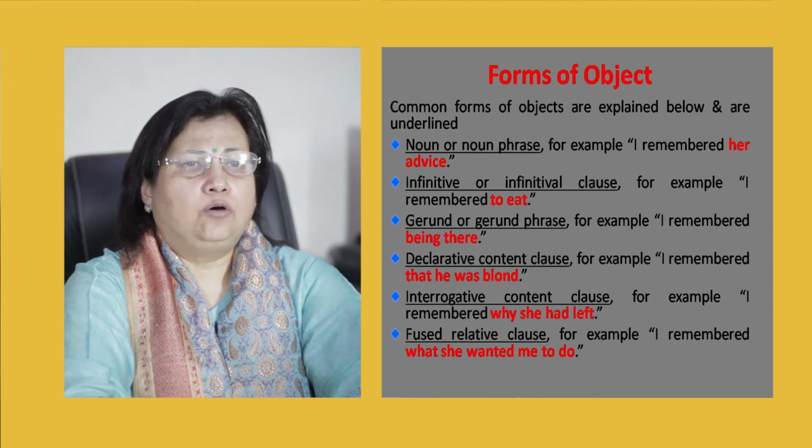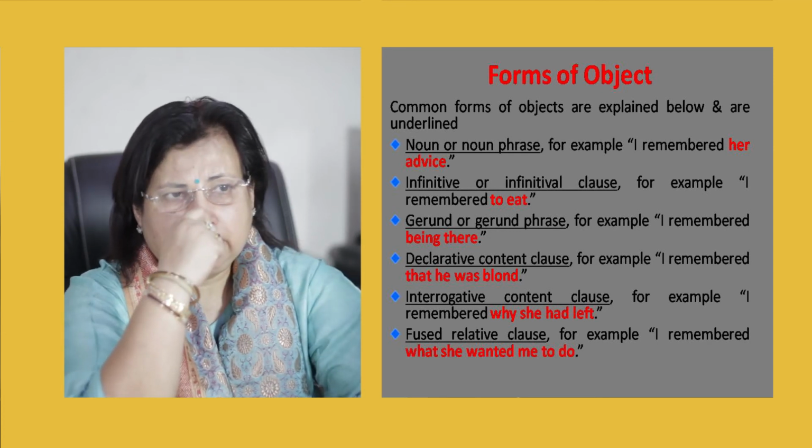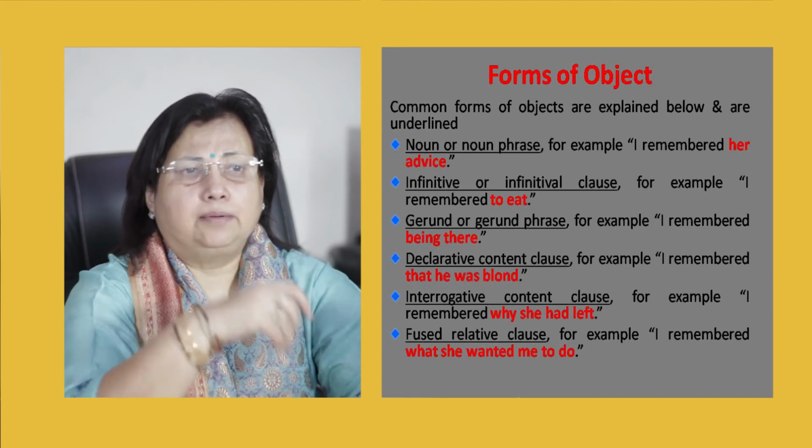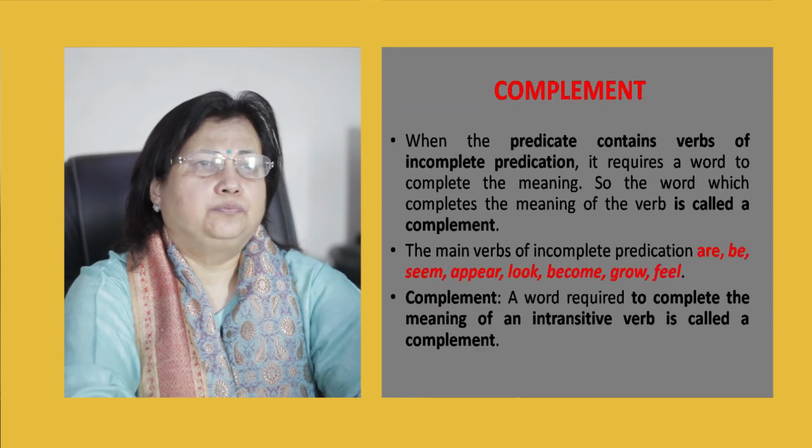Declarative content clause, for example, I remembered that he was blonde. Interrogative content clause, for example, I remembered why she had left. Fused relative clause, for example, I remembered what she wanted me to do.